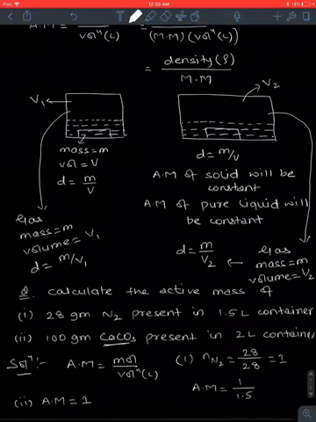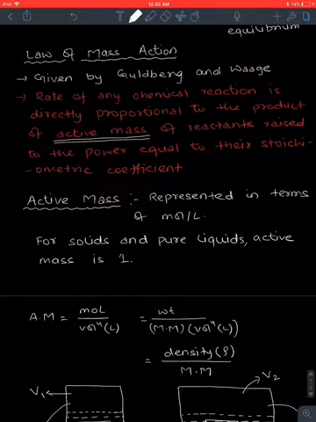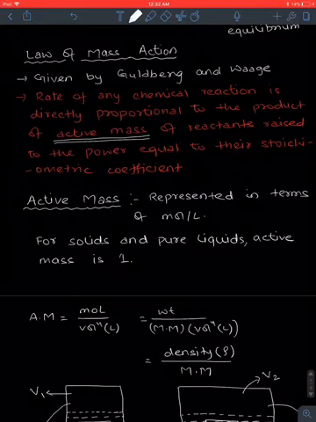Now let's go back to law of mass action. Now what does it say? That the rate of any chemical reaction is directly proportional to the product of active mass of reactants raised to the power equal to their stoichiometric coefficient. Means for example, if I'm having a reaction like this, aA plus bB is giving you cC plus dD.